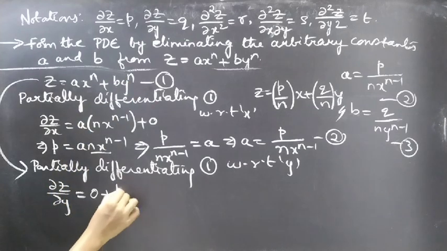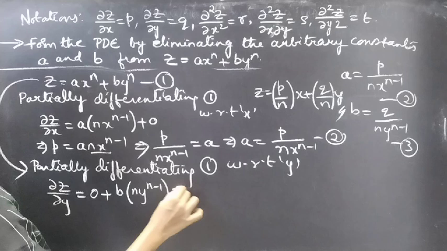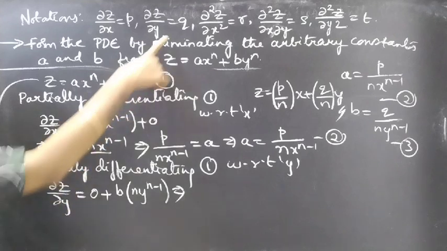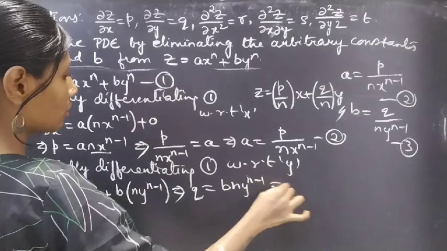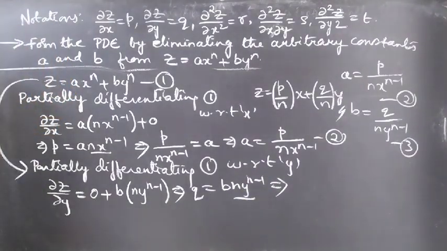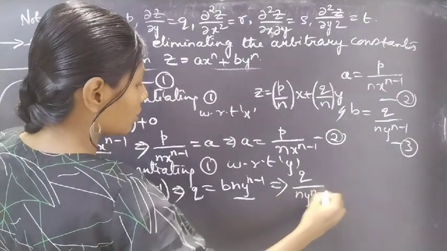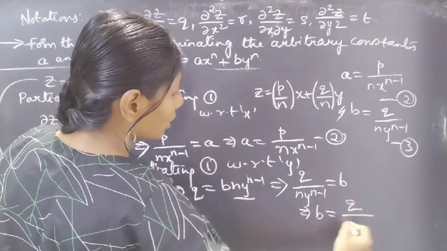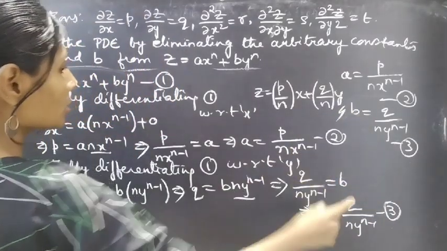And b is constant, so we'll let b into the partial derivative of y power n with respect to y. You'll get n into y power n minus 1. This gives us the notation dou z by dou y is q, so you'll get q equal to b n y power n minus 1. Now bring this n into y power n minus 1 to LHS, you'll get q by n into y power n minus 1 equal to b, or we can write this as b equal to q by n into y power n minus 1. Consider as equation number 3. See, we got the same thing, right?